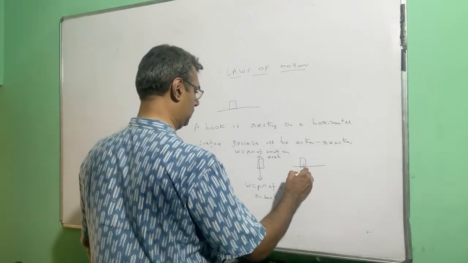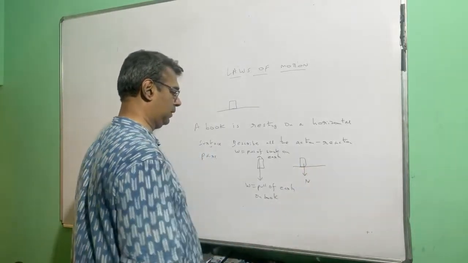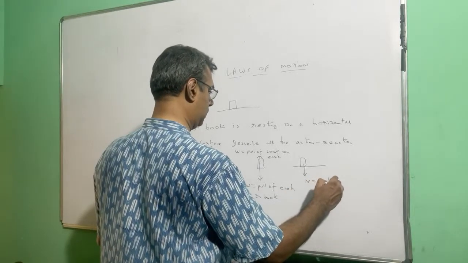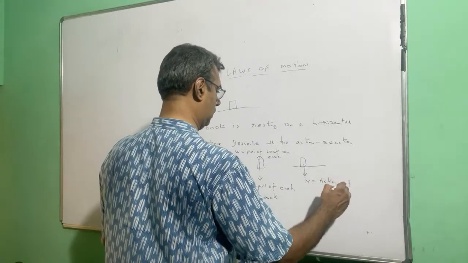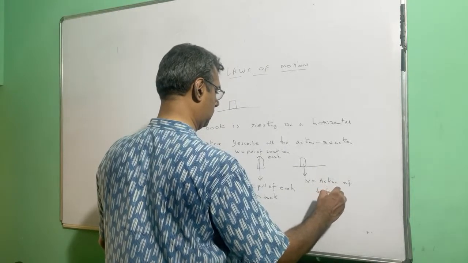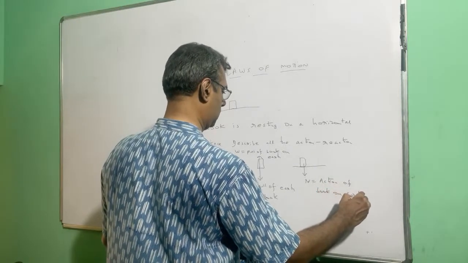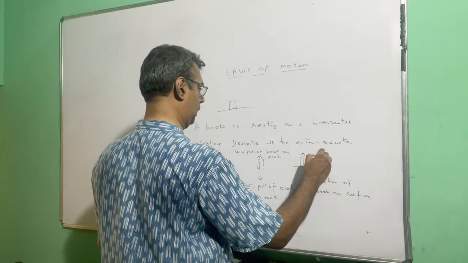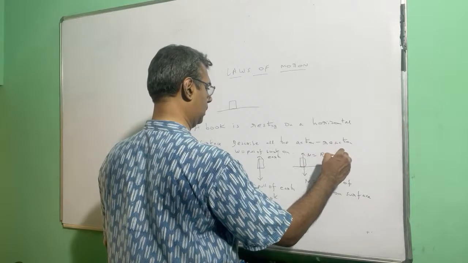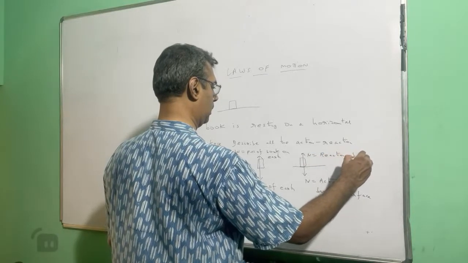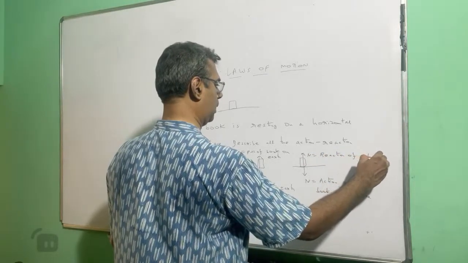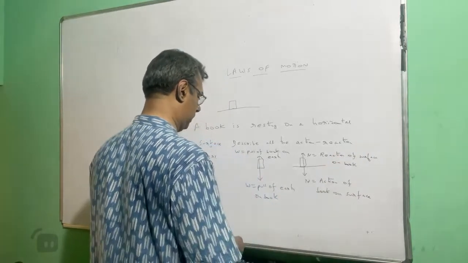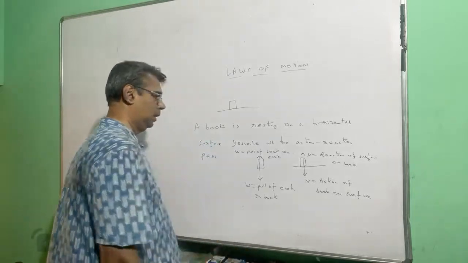Now similarly, when the book is on the surface, this N will be the action of the book on the surface, and equal and opposite of that N is the reaction of the surface on the book.